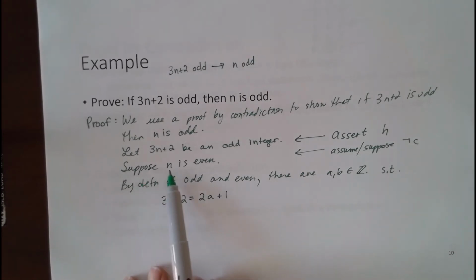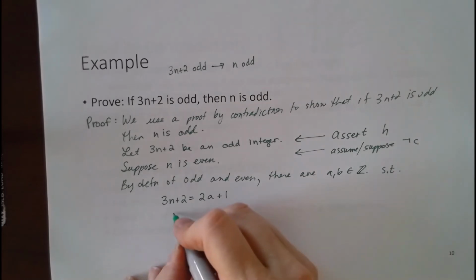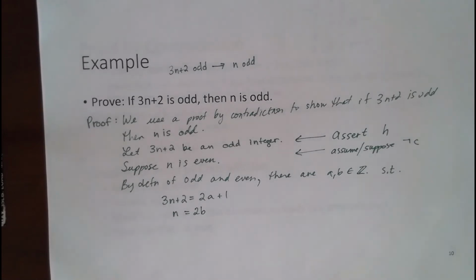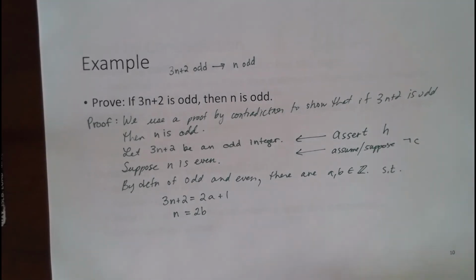And we know that n is even, so we're going to have n be 2b.